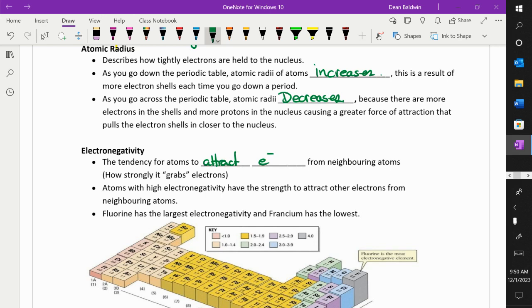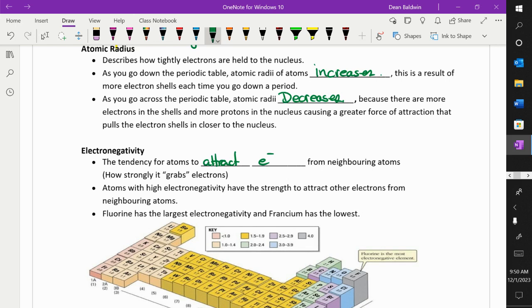The higher the electronegativity, the more they want to pull electrons. So atoms with high electronegativity attract electrons from neighboring atoms. It doesn't have to be different atoms, it can be within a molecule, and I can show you today, to attract other electrons from neighboring atoms.